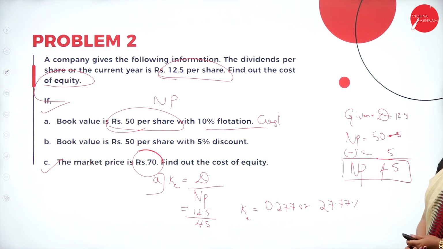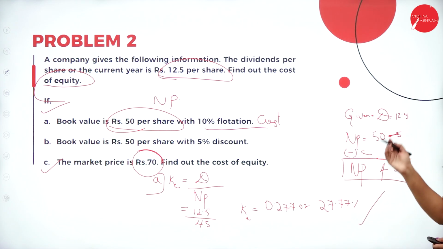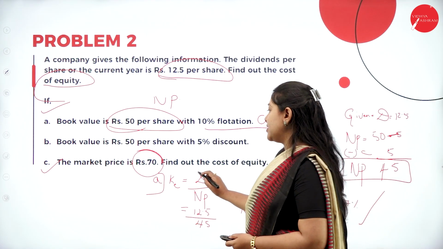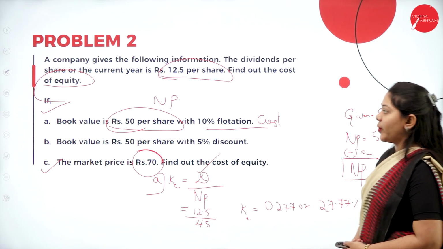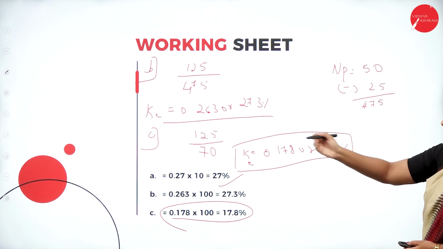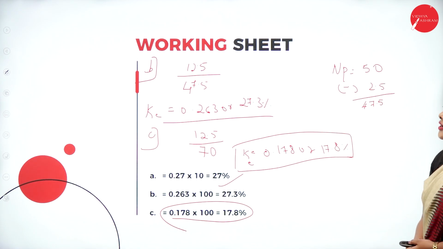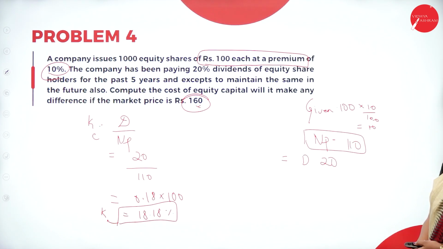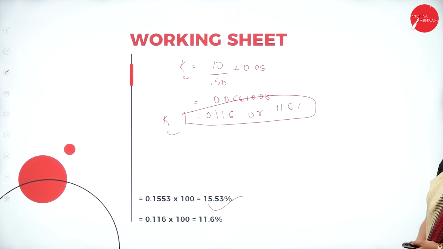Book value is rupees 50 per share with 10% flotation cost, this is the answer. Book value at 50 per share with 5% discount, and this is the market price issue. So these are case B and case C answers. This is problem number 3, problem number 4, problem number 5.